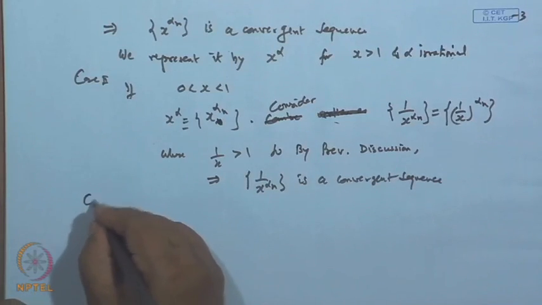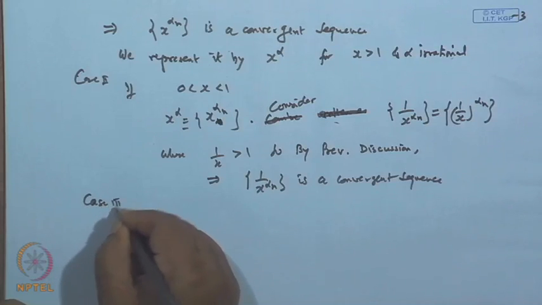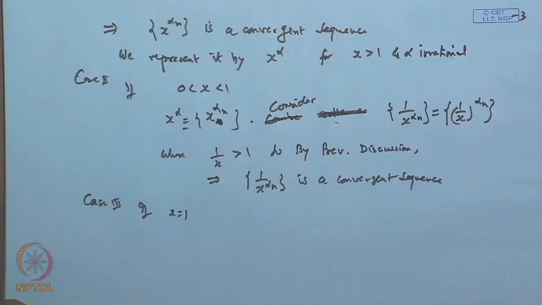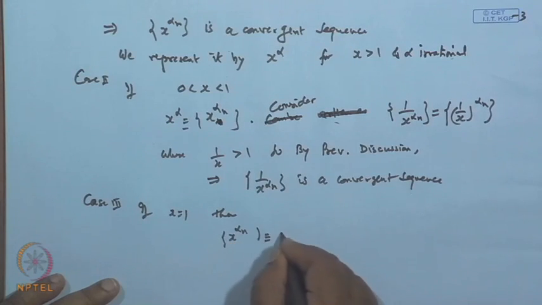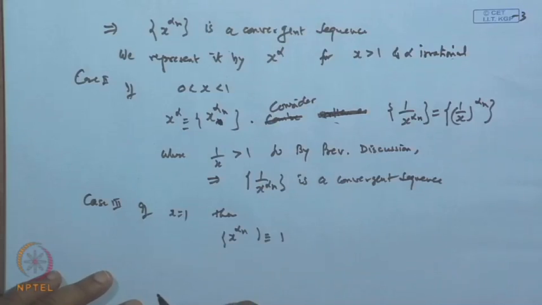Now, if x is 1, then the sequence x to the power alpha n is equivalent to 1 only. Okay.